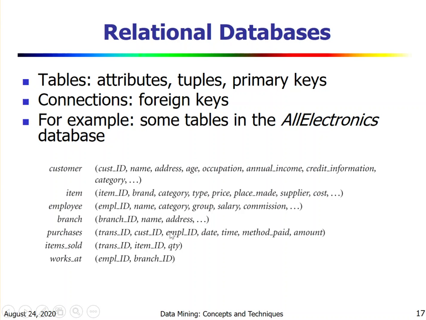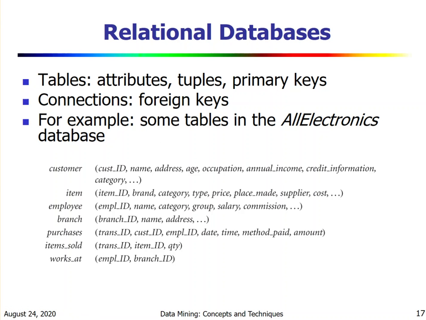Although those three things collectively form the primary key for the purchase table, each of them is also considered a foreign key because they also serve as the primary key of a different table. Okay, so that's our basic relational database review.